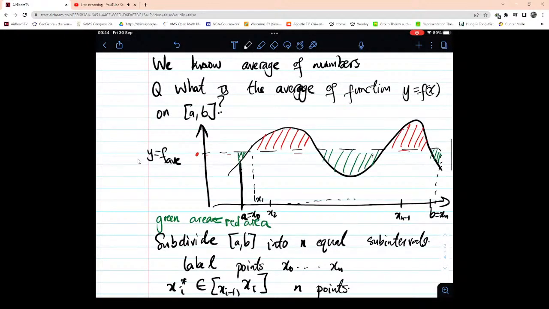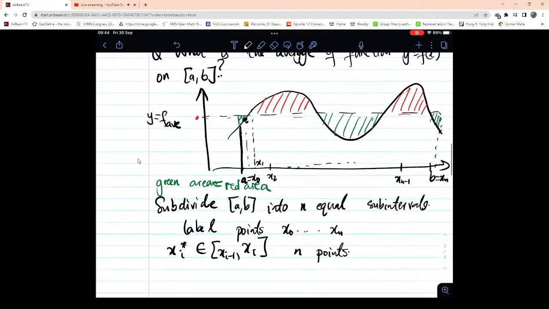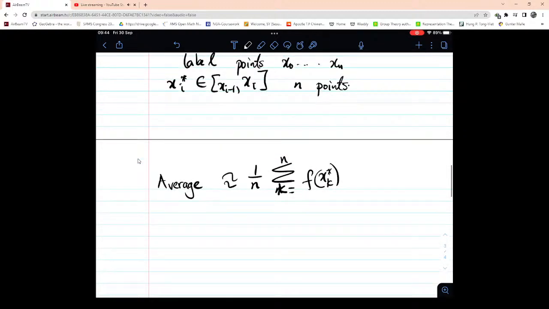So if you take some point in this subinterval, you get this value that we are calling f of x1 star in this case, and then you go to the next and take another point. So we are sort of taking the middle point as we go. And so if we want to find the average, we just divide by n, and we get a formula like that. But this can be written as this times b minus a over b minus a. And here we're just putting in a convenient factor, so we are not changing anything.